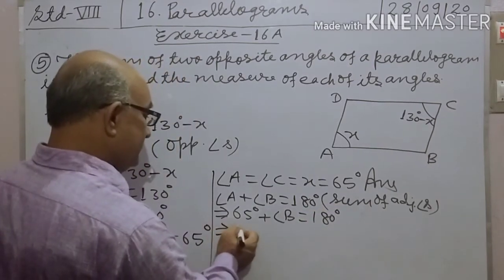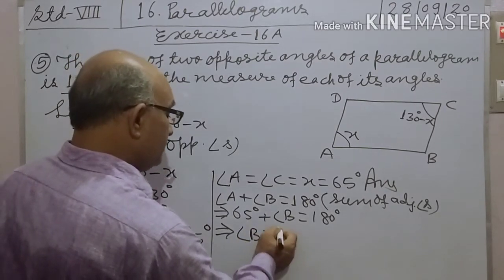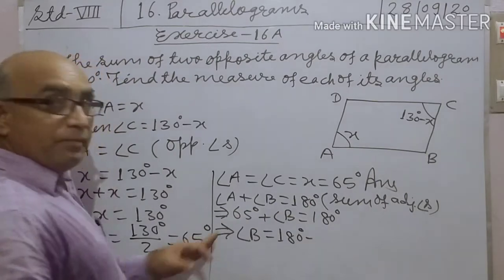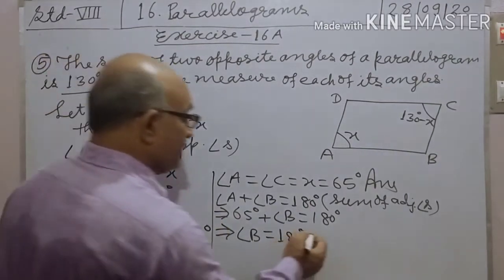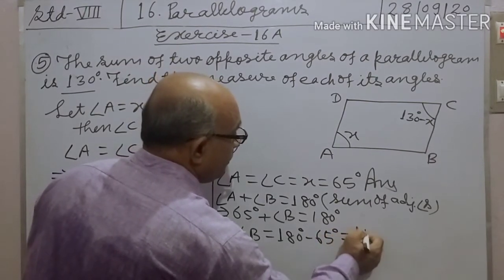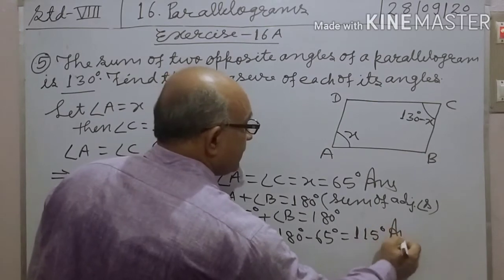That implies angle B equal to 180 degrees minus 65 by transposition, equal to 115 degrees. Answer.